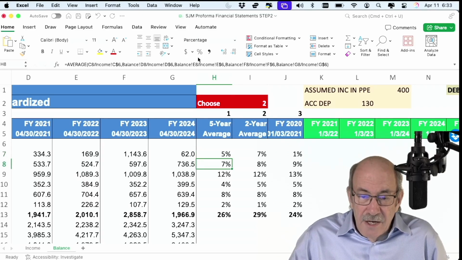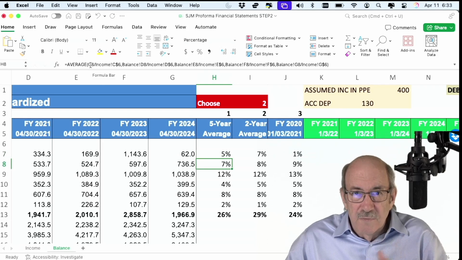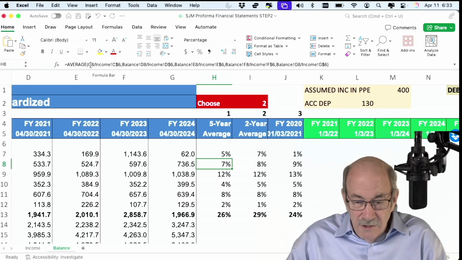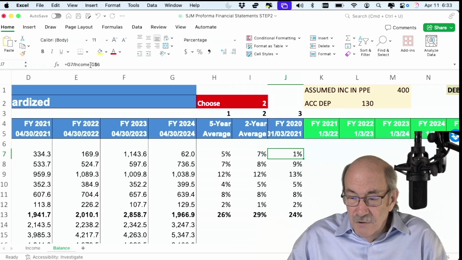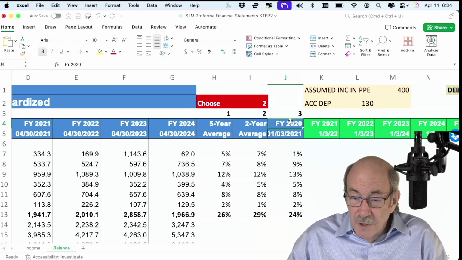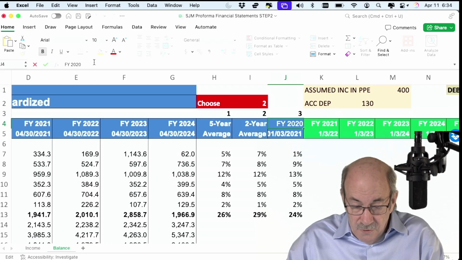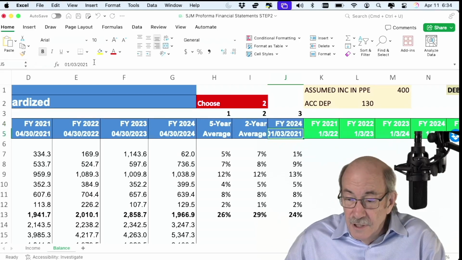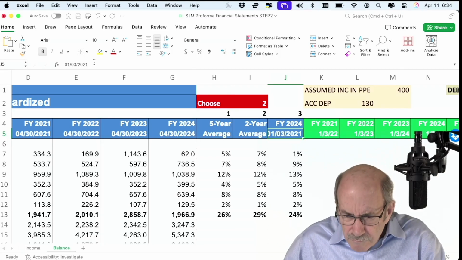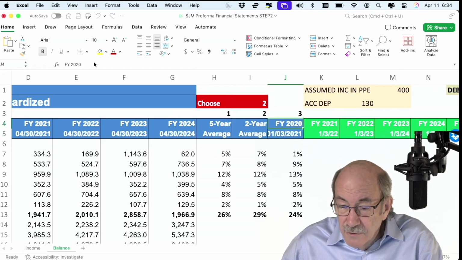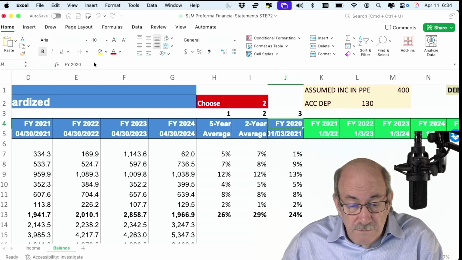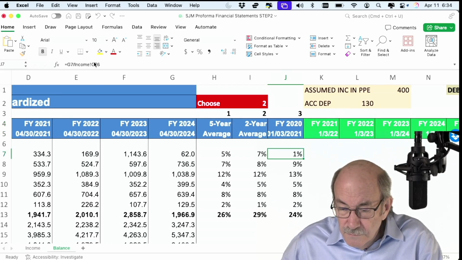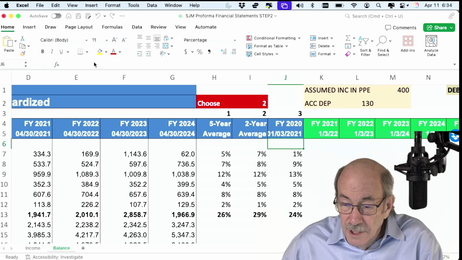So to do that, I'm going between the two sheets, both the balance sheet and the income statement. And you'll notice up here, let me just show you the most recent fiscal year. I mislabeled this. This should be 2024, not 2020. Wait a minute, what's going on here? Yeah, that should be 2020.